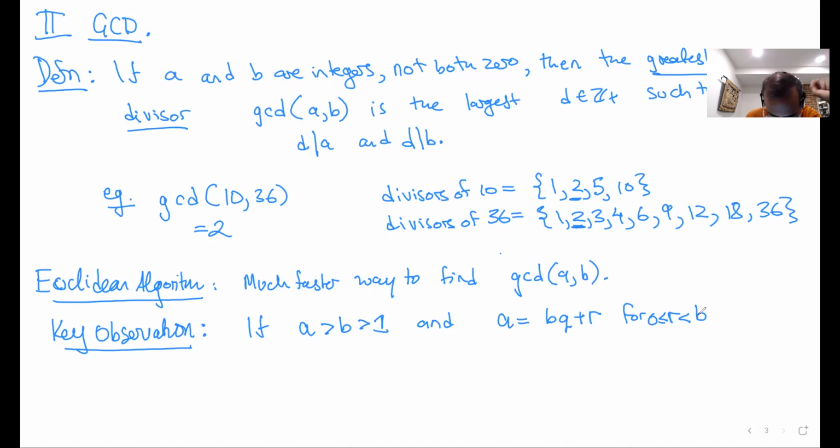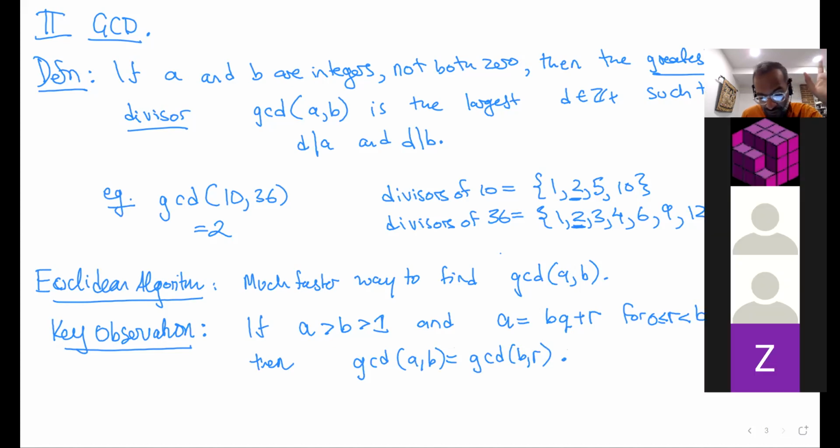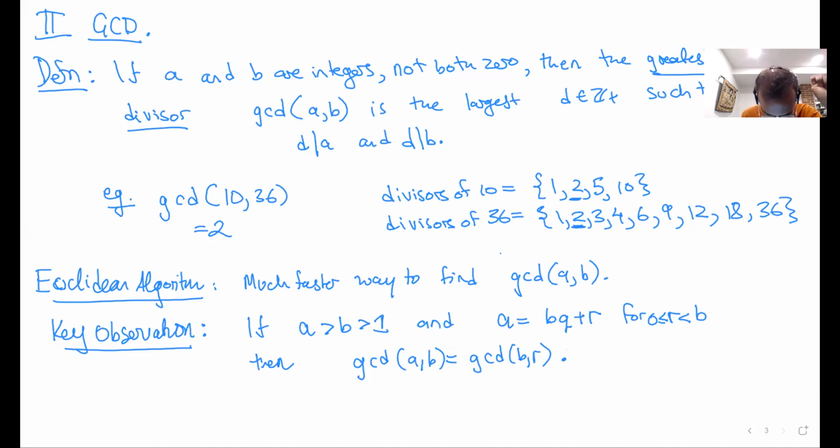So you just divide a by b, right? You get some remainder. Then the GCD of a and b is equal to the GCD of b and r. Okay, this is not an obvious fact. We're going to prove it in a moment.